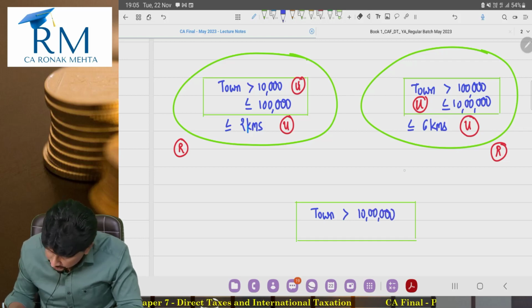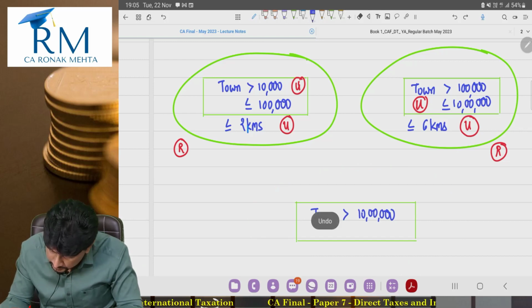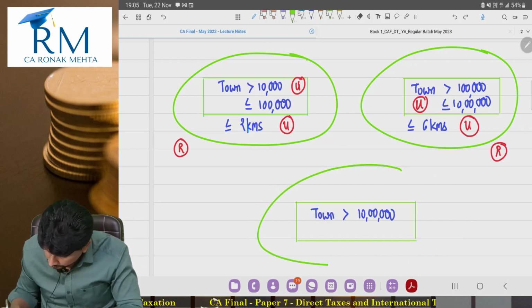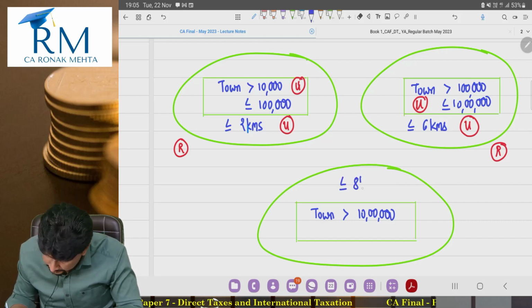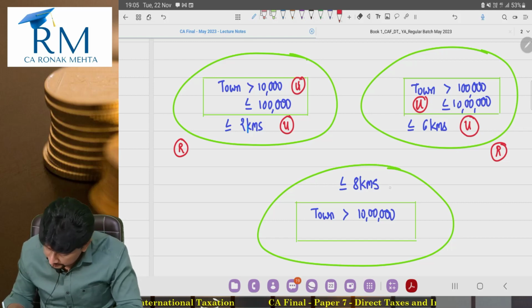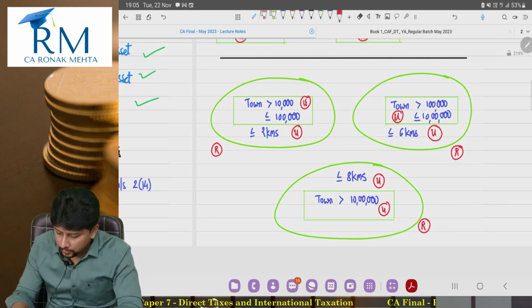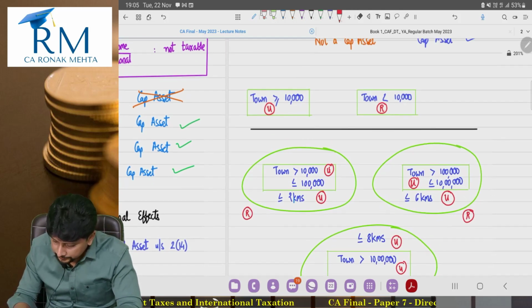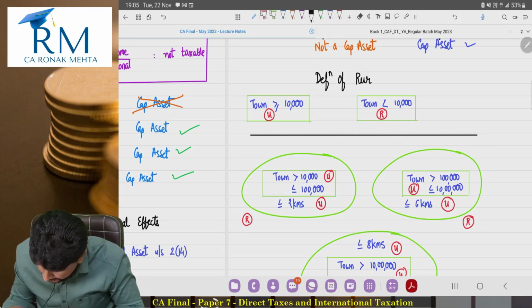Quite naturally, it is for sure urban area, and from the limits of this place up to 8 kilometers is treated as urban area, beyond it is treated as rural area. Now this is the definition of rural area and urban area.